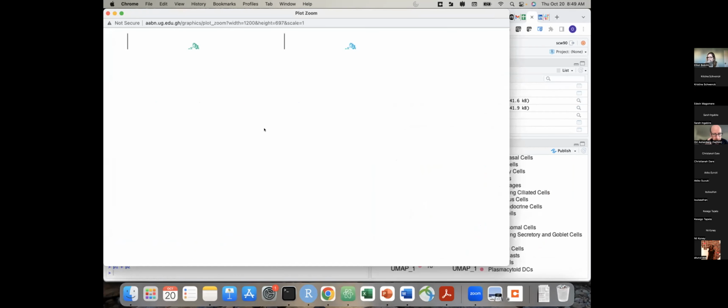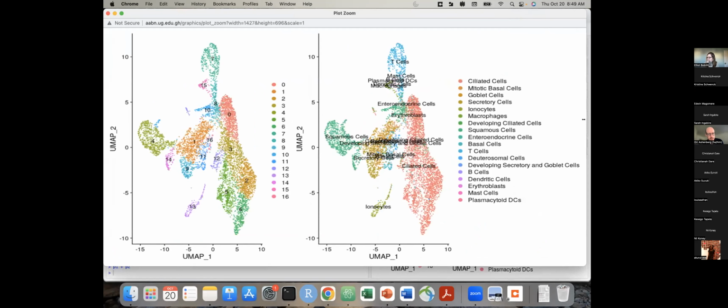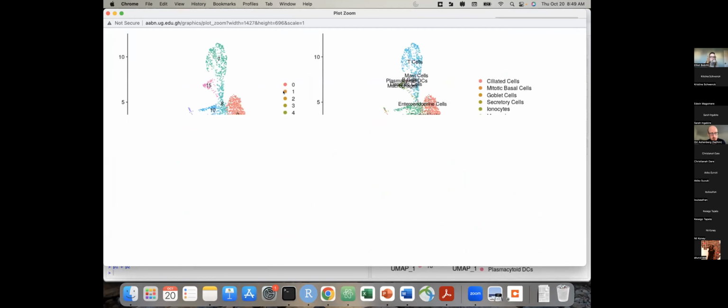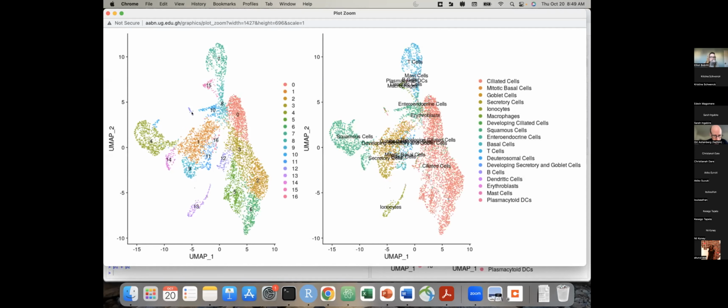On the left are the clusters that you determined when doing the clustering, and these are just numbered because we don't know what they are. We don't know what they represent. You've seen this before. Here's cluster 13. And on the right are the cell type annotations determined by the authors.